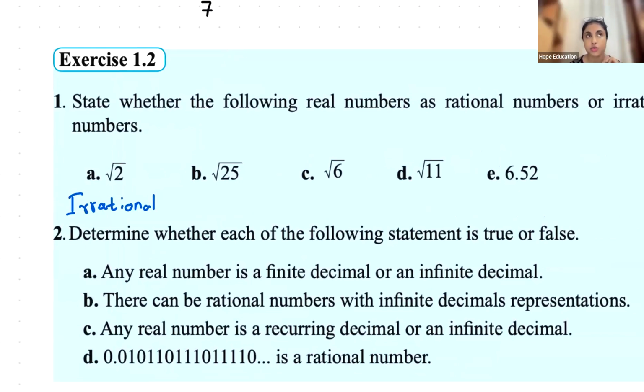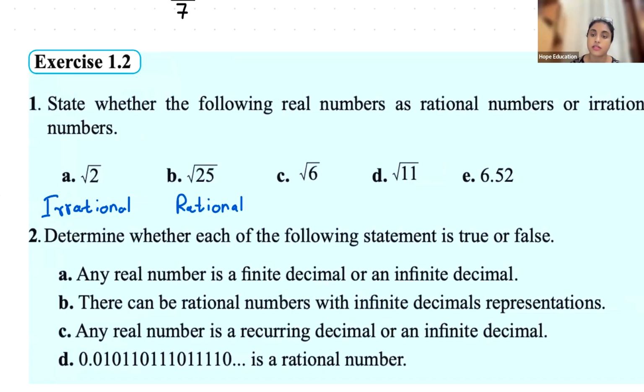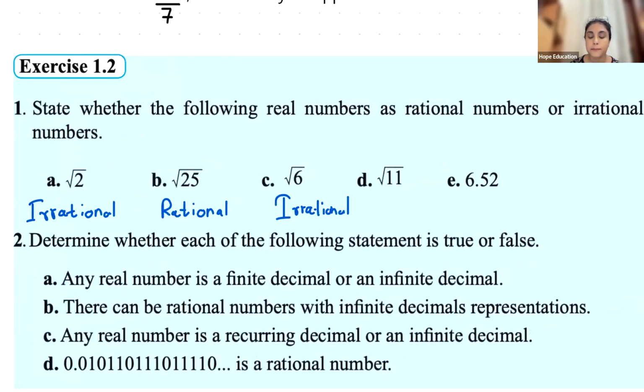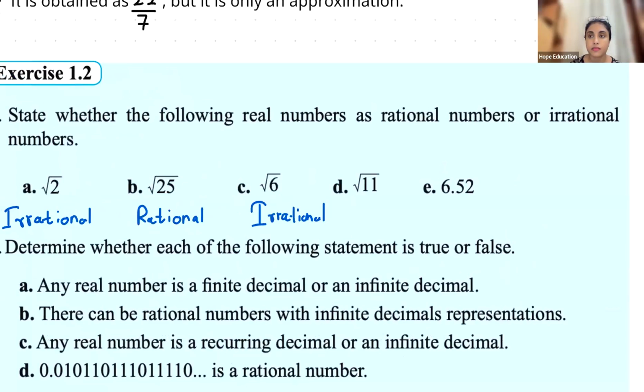It is rational, yes. Root of 25 is exactly 5. 5 you can write as 5 over 1, so it is definitely rational. Root of 6, rational or irrational? Yes, it is irrational. Root of 11? Again, irrational.